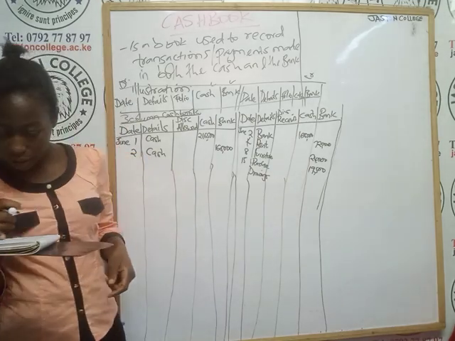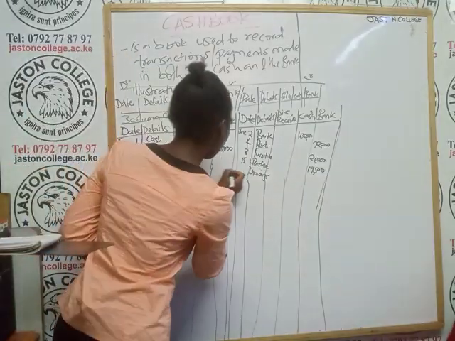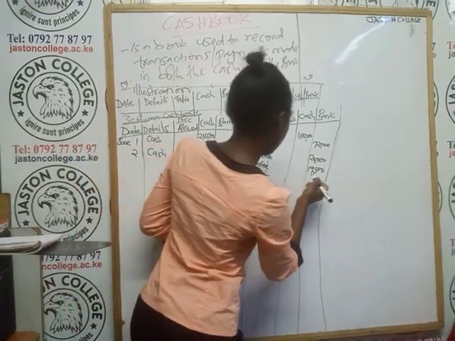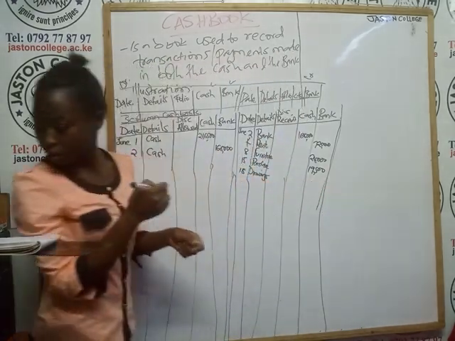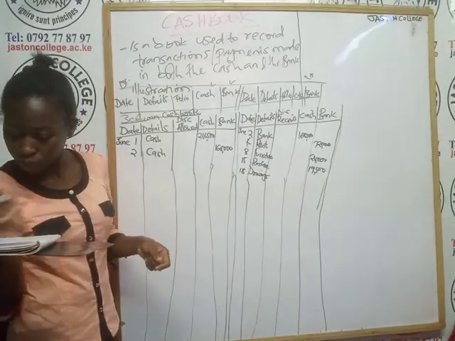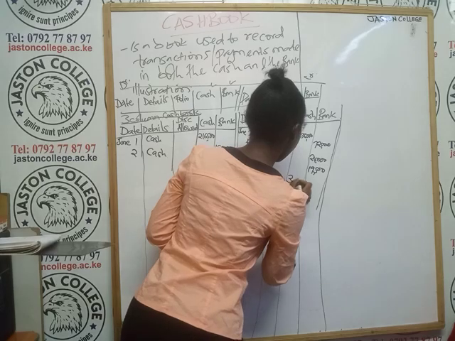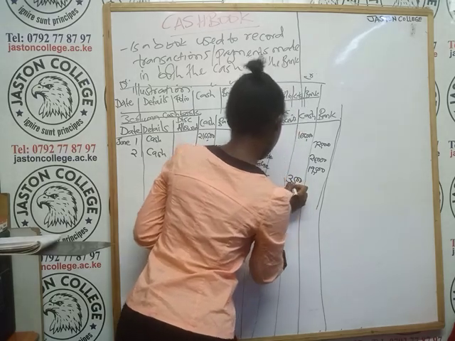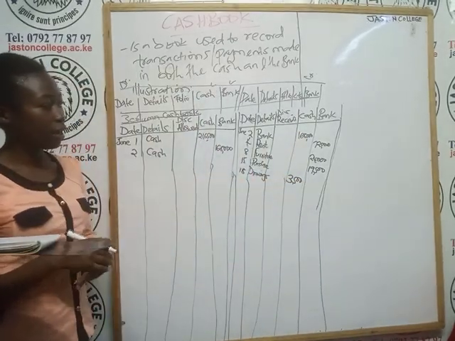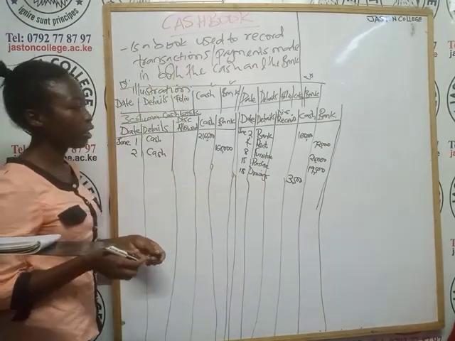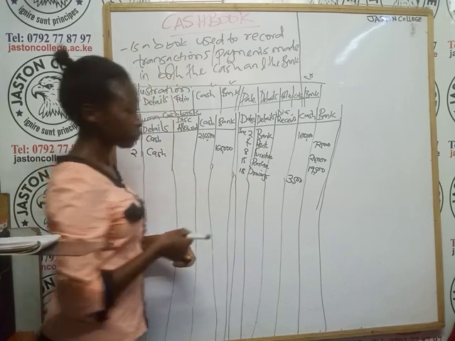On 18th, the bank reduced by 3,500, because of the drawings.